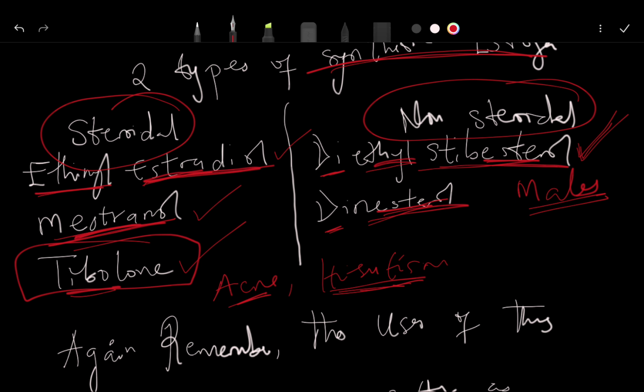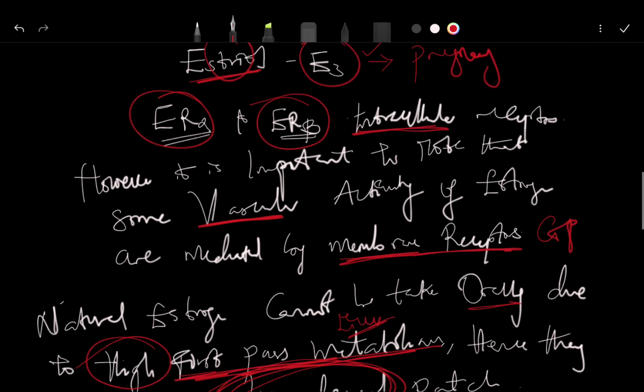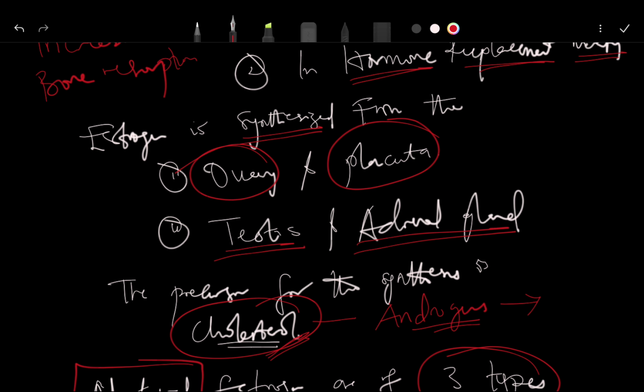So now we only use it in prostate cancer, while dienestrol can be used in senile vaginitis. That's where we use dienestrol now. Alright, so I believe in this video I've been able to communicate to you that the main use of estrogen is in hormone replacement therapy and as contraceptives.